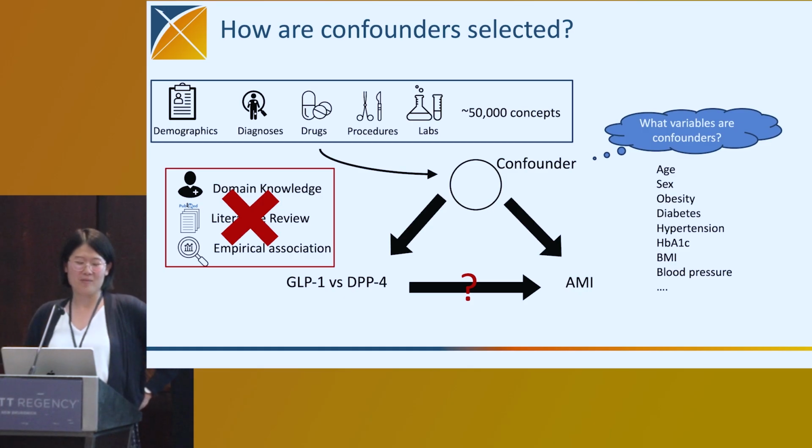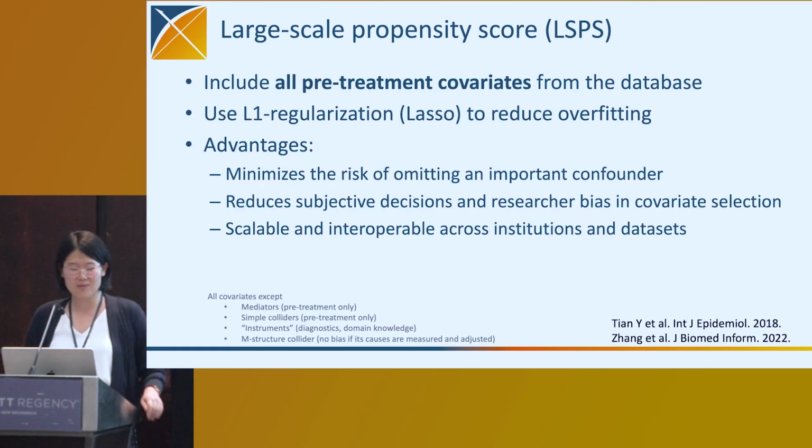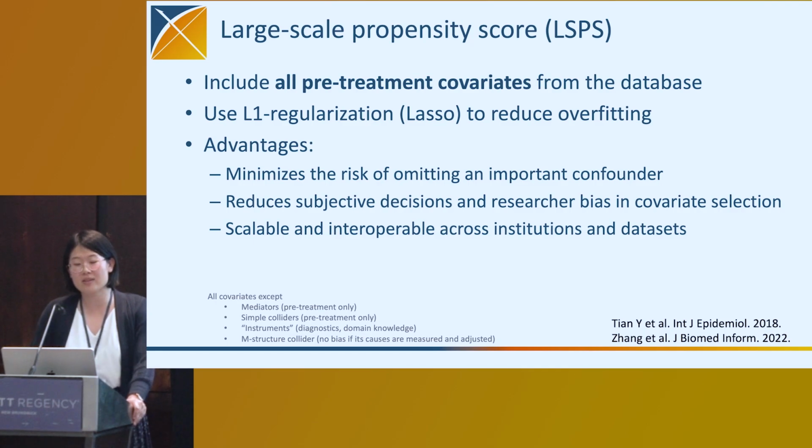So instead, what do we do in OHDSI? We use a method called large-scale propensity score. We're still fitting a propensity score model, but the difference is in what we include in our propensity score model. We strongly believe and highly recommend including all pre-treatment covariates from the database.